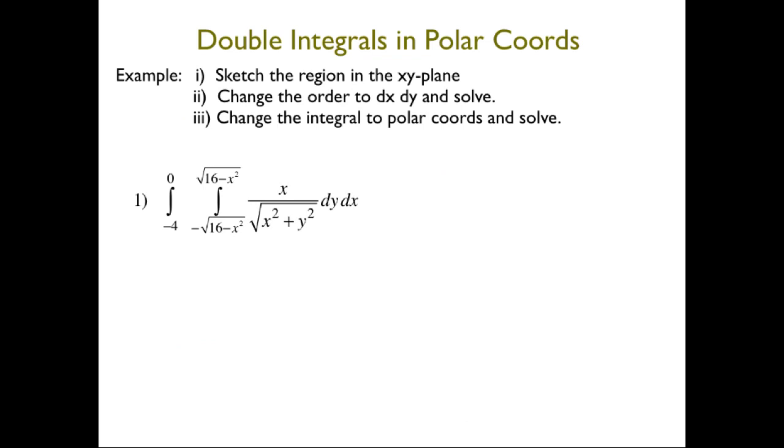Type 1, bottom to top, left to right. Okay, so this is very manageable. This is right along with the examples we had earlier. This isn't any harder. It just has a little bit of an ugly function.